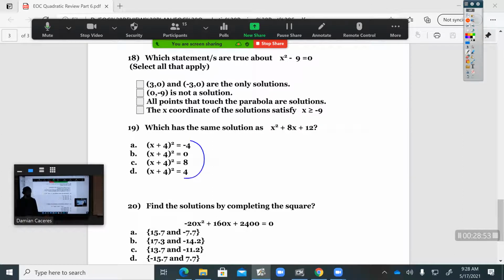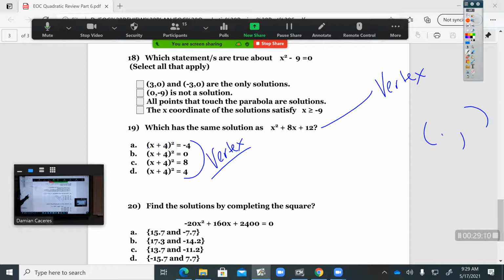All these answers, when you see a parenthesis with a square on it, this is very close to vertex form. So really, all I have to do is find the vertex on the equation, and whatever my numbers are here, one of them is going to be in the parentheses, and the other one is going to be my maximum. So watch how I match these answers once I find the vertex.